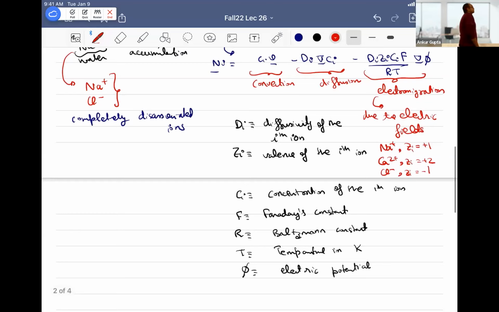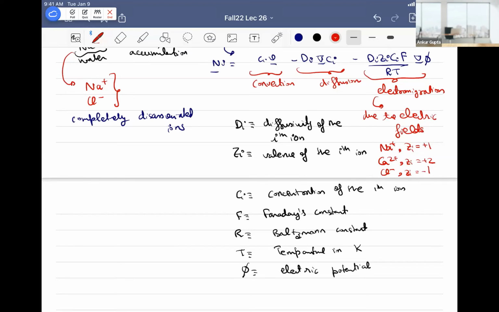Okay. So that is essentially the idea. And what will happen for a charge neutral species? What should be the valence? 0, right? So that's why that term goes away. So it only occurs for something that's charged: +1, +2, -1, and so on. So that's the valence. Then concentration is there.